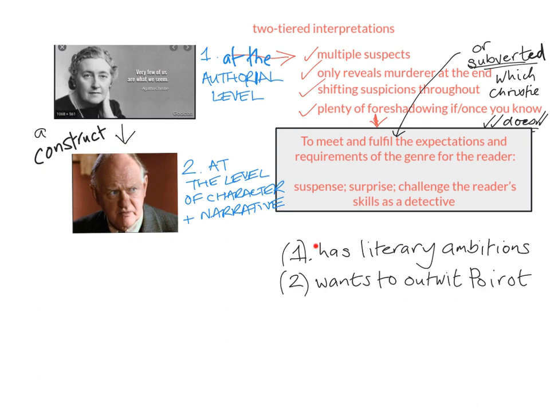So, given those literary ambitions, given the fact that Dr. Shepherd wants to best or thwart Poirot, it suggests that he wants to publish his own bestseller at the end of this. So he wants to get away with it, obviously, as I guess any criminal would. But he does have literary ambitions to be up there with the famous crime writers of the day and of the era.